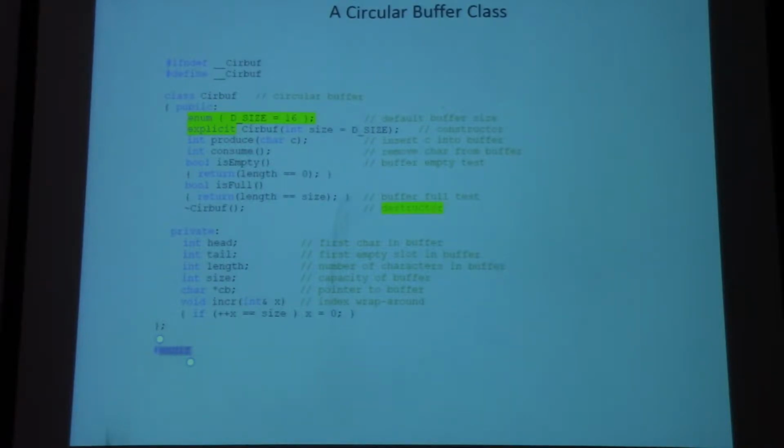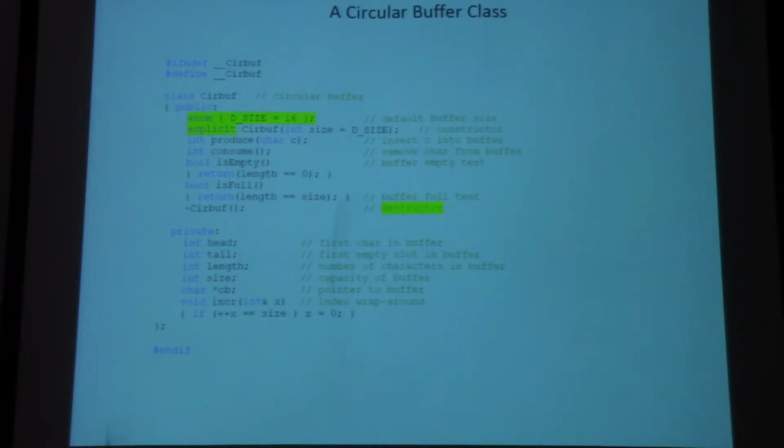I want 16,000. I want a 100,000 buffer. So now I have to call the new operator, and that's coming from the heap. Which means that when we destroy the object, if we don't return that buffer back into the heap, we're going to have a memory leak, the size of the buffer that we just allocated and did not deallocate. Okay. So that's why we have a specific destructor here.